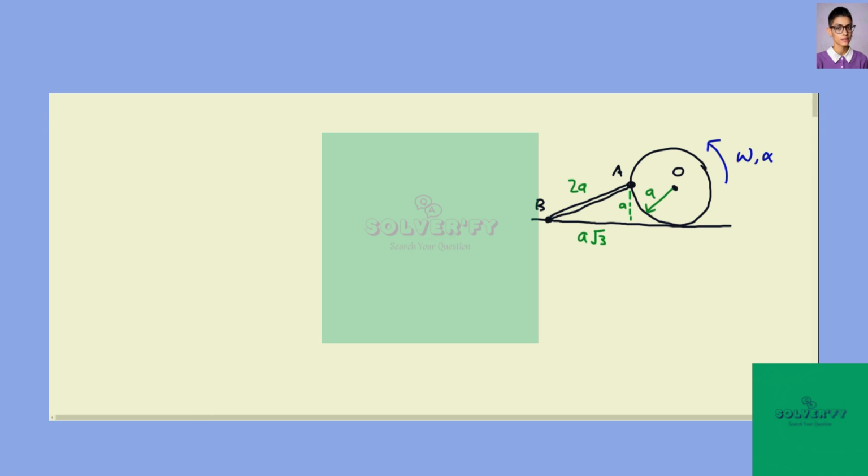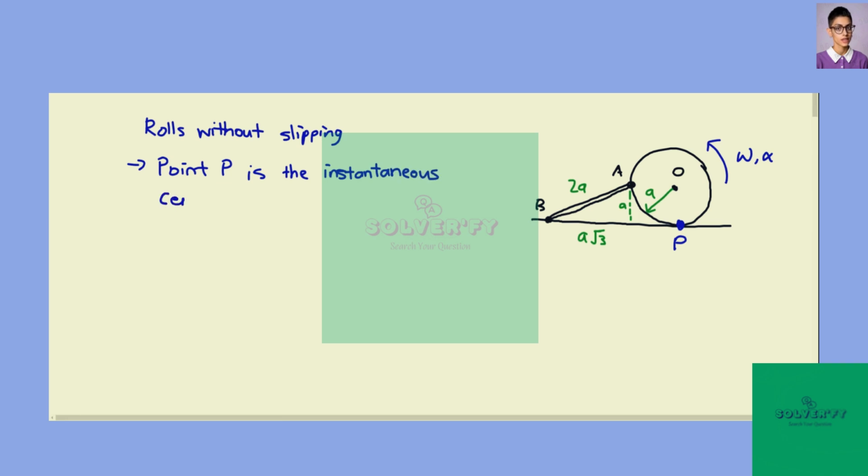The wheel rolls without slipping, which means that point P is the instantaneous center of zero velocity.